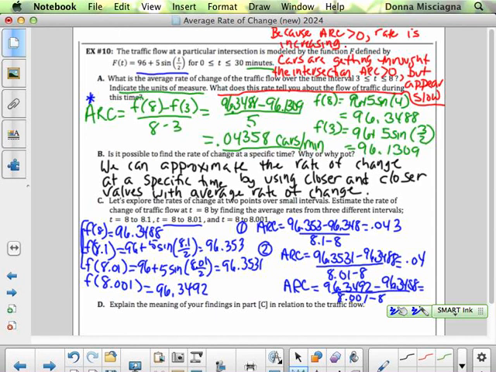96 plus 5 sine, and this is 8.001 divided by 2. I don't get nine. I got a weird number.